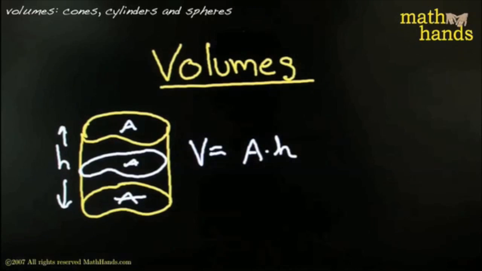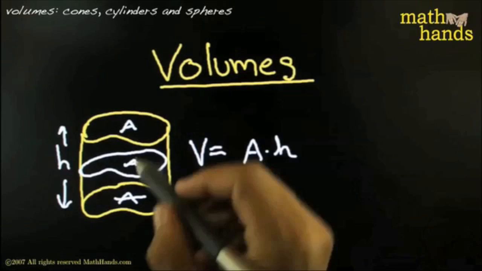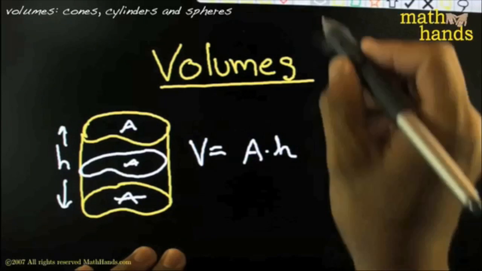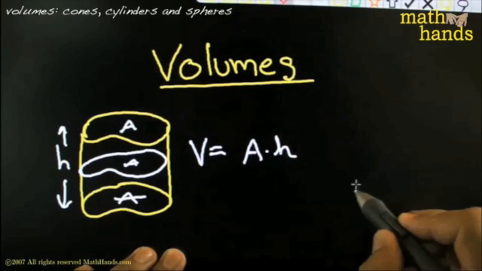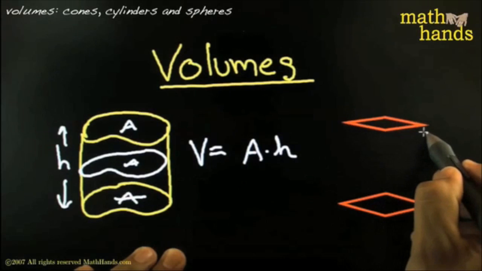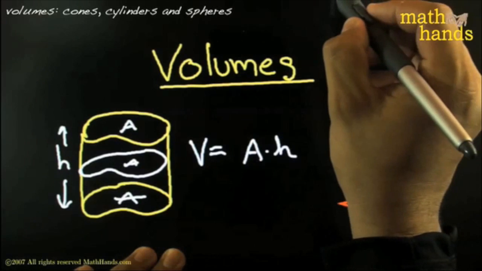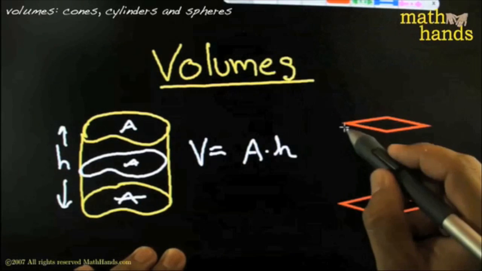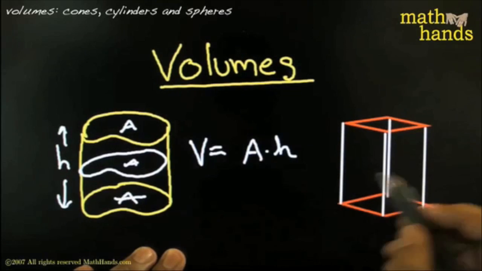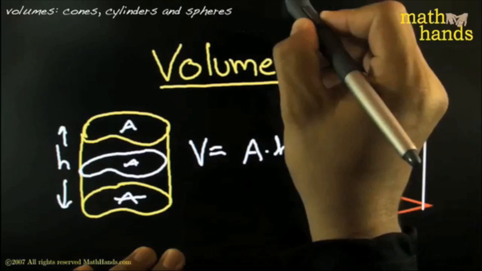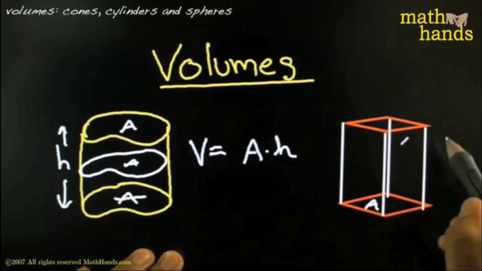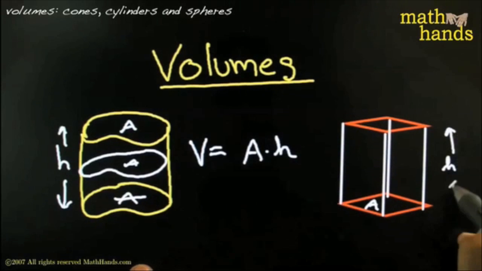Alright, so this principle stands fairly well for many different shapes. For example, suppose you had a square on the bottom, and so every cross section is in fact a square. Then again, the volume would be the area on the bottom, which is the same as the area for all the cross sections, times the height, where this is the height.